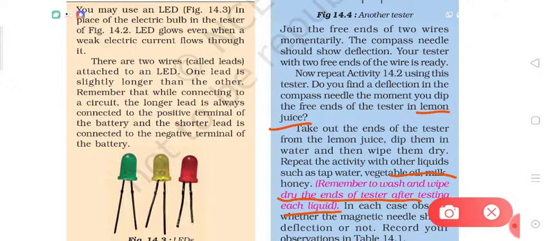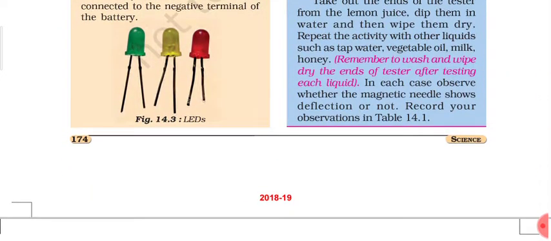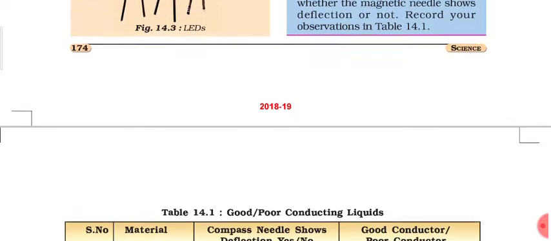So after dipping into one liquid, if you want to dip the tester ends into another liquid, first you need to wash the ends and then dry them. Only then put the ends into another liquid. So this is very important: first wash with water and then wipe the free ends of the tester, then only you have to do it.